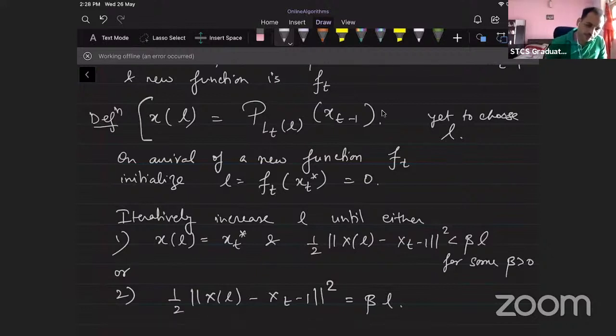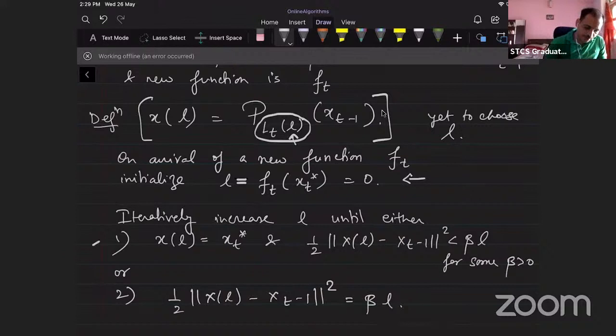And remember the definition of x(L). x(L) is nothing but the projection of your previous location onto the level set defined by the current value of L. To begin with, L is equal to 0, so I don't want to move at all from my optimal point.